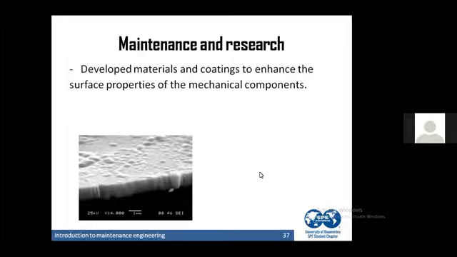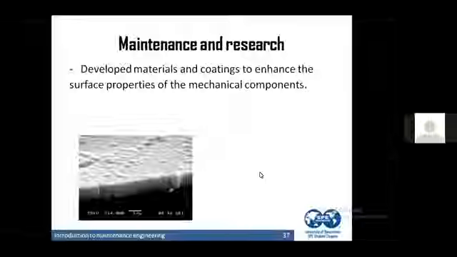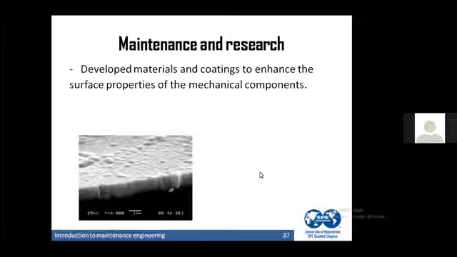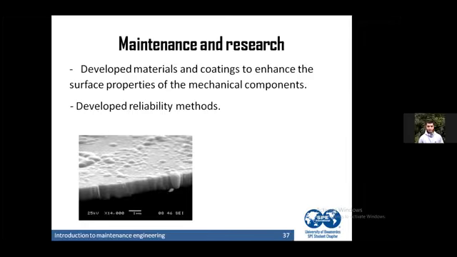There is another field to be improved by researchers, which is reliability methods and models. All over the world, there were students like me, there were my colleagues, and they developed wonderful methods and models to improve the reliability, especially of petroleum equipment.